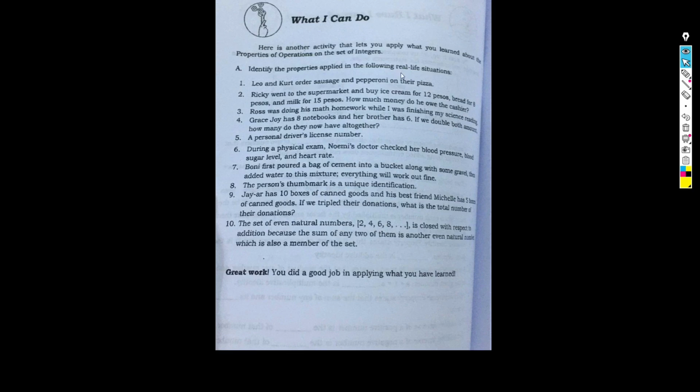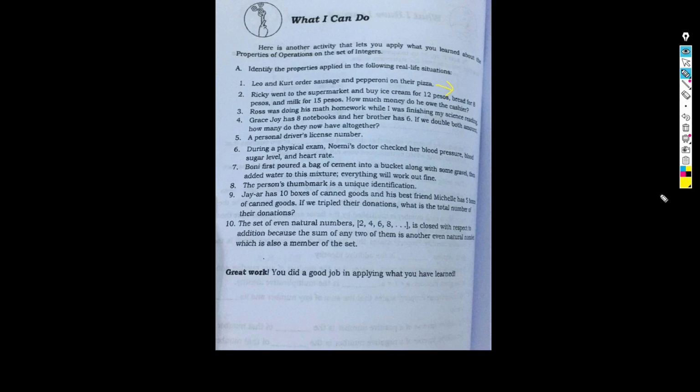Here's another activity that lets you apply what you learned about the properties of operations on the set of integers. Identify the properties applied in the following real-life situations. Number 1, Leo and Kurt order sausage and pepperoni on their pizza. What do you think is the property being applied here?